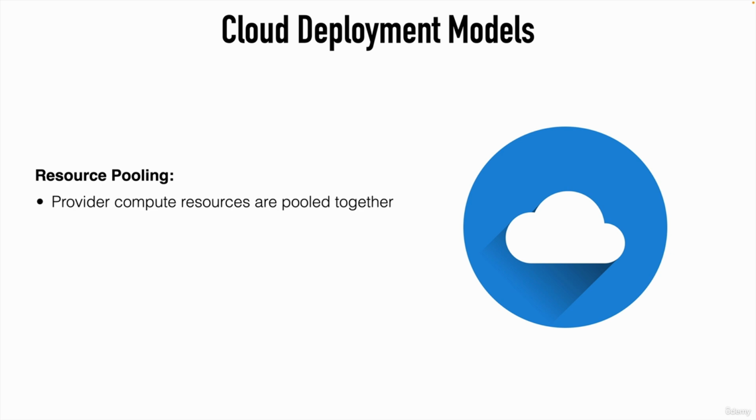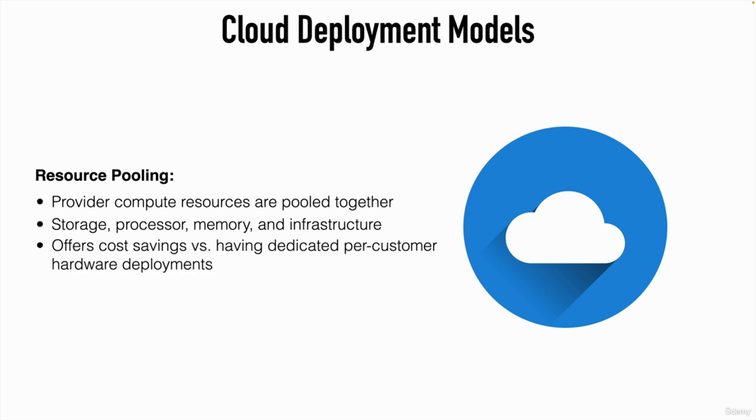This means that a provider's computing resources are working together in a pool to service multiple customers. This includes not only storage space, but also processor usage, memory usage, and even network infrastructure pooling. It's not feasible to have separate hardware for each customer that is being serviced, and the cost savings offered by resource pooling can be passed down to us as a customer. That's one of the reasons cloud computing is such an affordable solution.